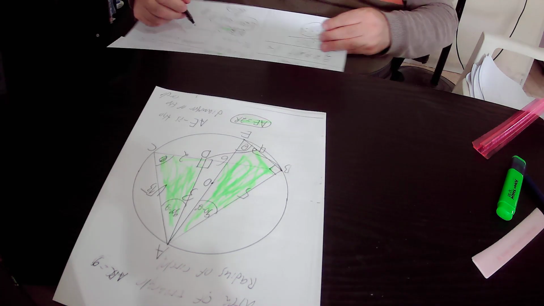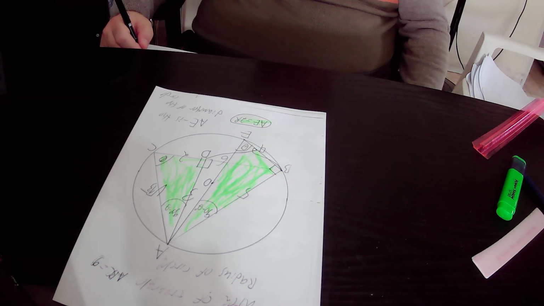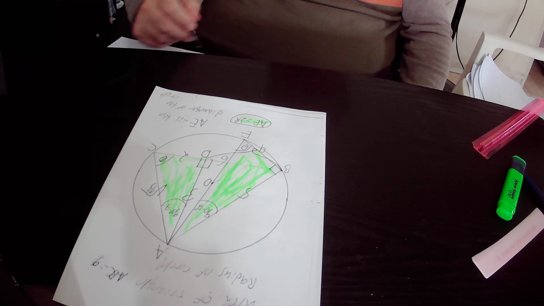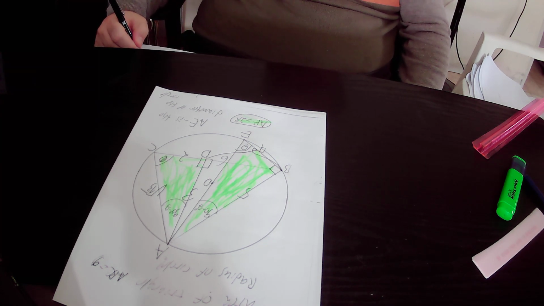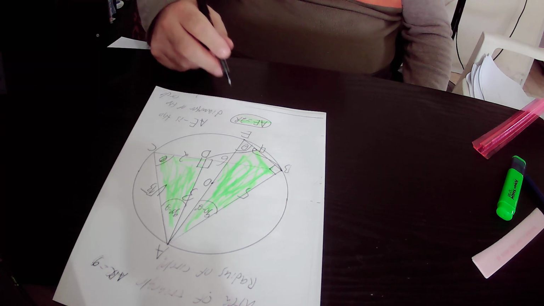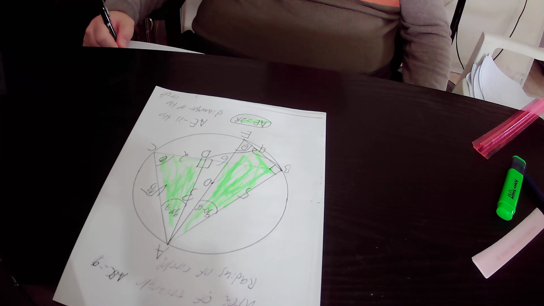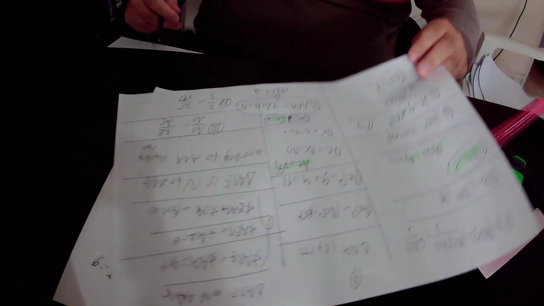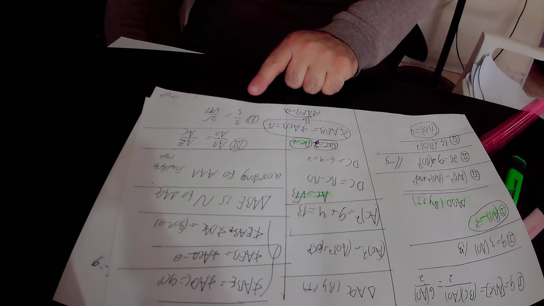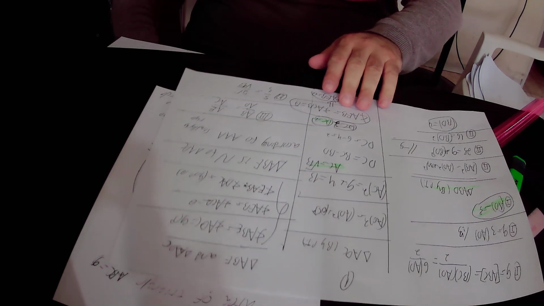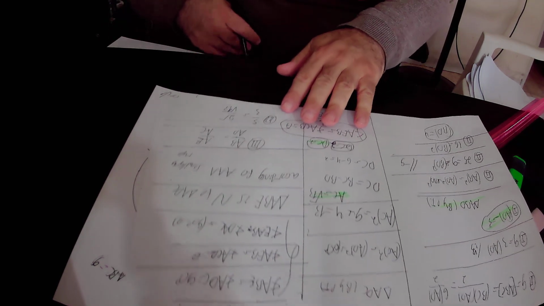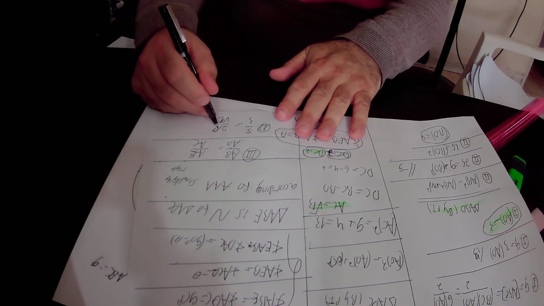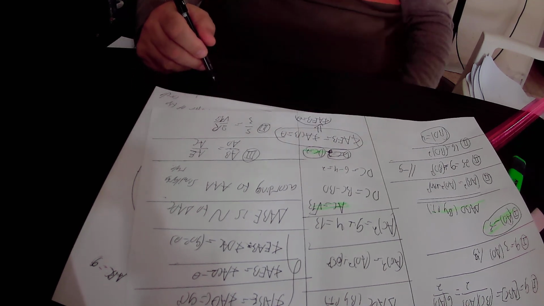AB equals 5 units, AD equals 3 units, AE equals 2R, and AC equals the square root of 13 units. Okay, so in conclusion, according to equation number 2, 5 over 3 equals 2 times capital R over square root of 13 units.